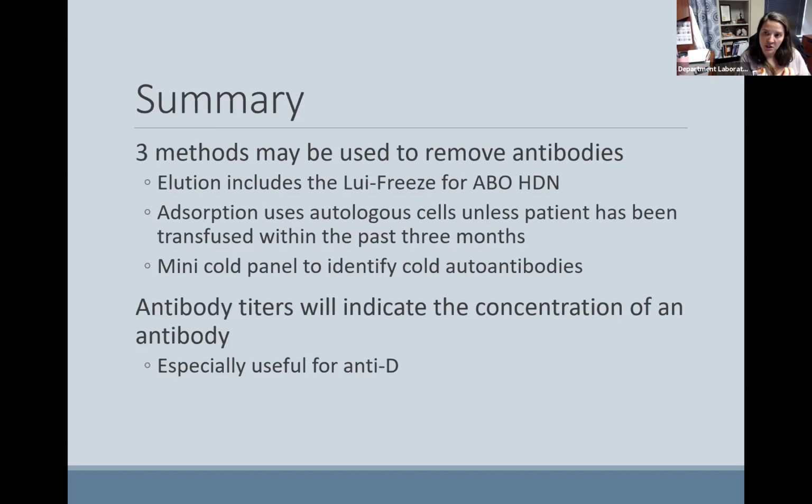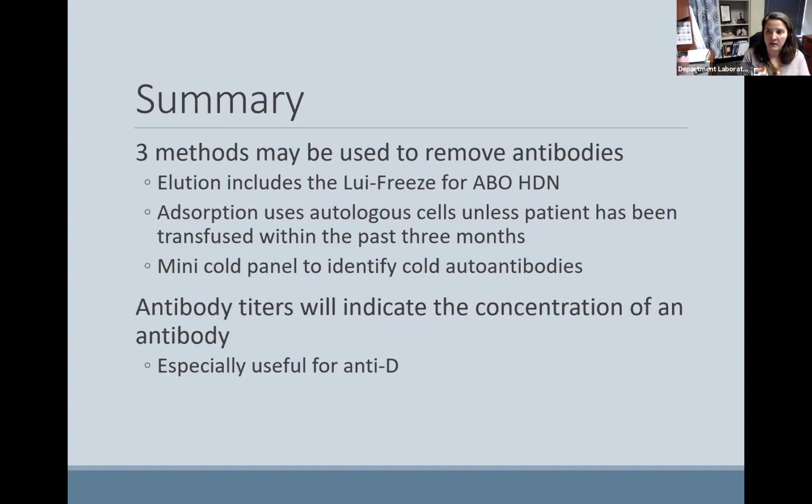That will dissociate the antibody from the red cells, and then you can repeat your DAT. You've removed the antibody that was coating the red cells, and now your DAT is negative. Now you can repeat your RH testing and perform a true RH determination. Is that patient really weak D positive, or was that weak D reaction due to the antibody coating the cells?